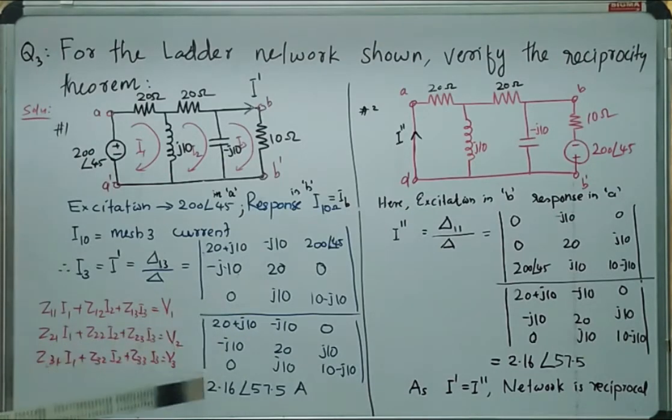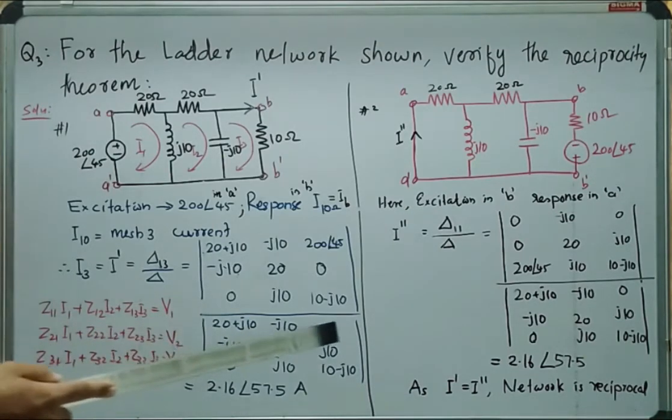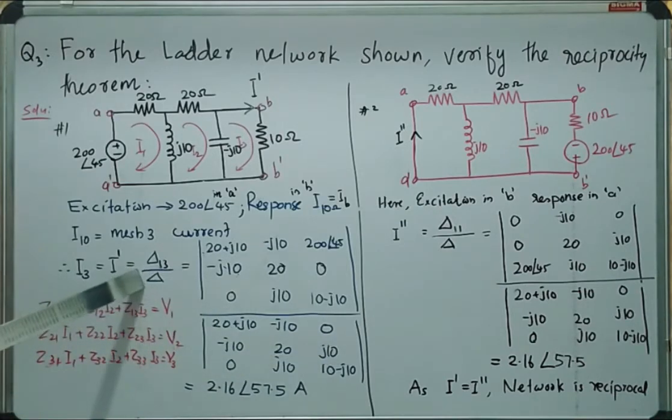For that matrix, we need to determine the determinant, which is denoted by delta. Now let's discuss how to obtain del 13. In order to find I1, we need to consider delta 11. In order to find I2, we need del 12. Similarly, in order to find I3, we need del 13.